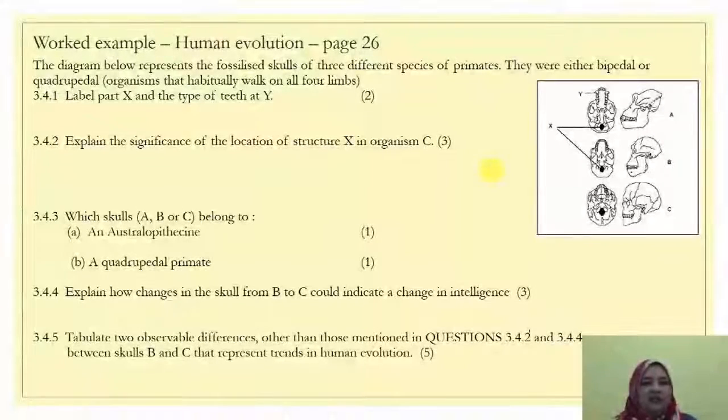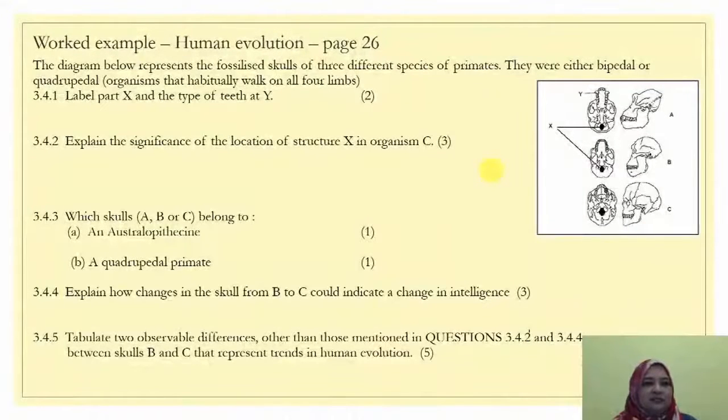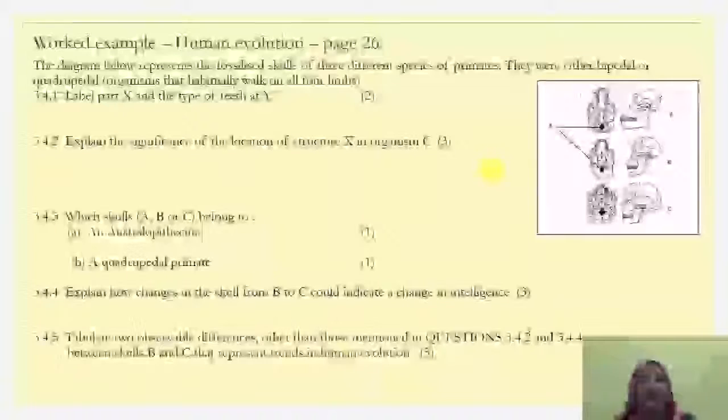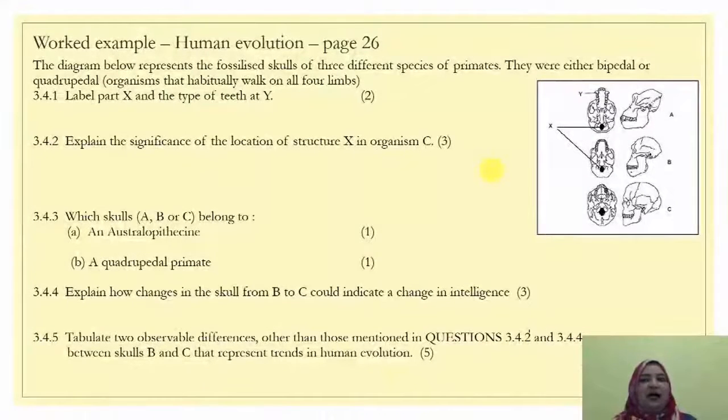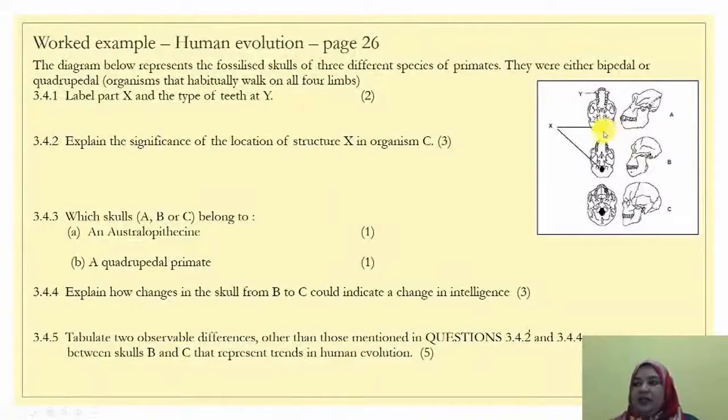I cannot see the pelvis here, I cannot see the spine or the vertebral column. I cannot see the arms or the opposable thumbs. So I cannot use that as evidence. I can only use what I see in the diagram. Okay? So first of all, it says label part X and the type of teeth at Y. So what appears at X here?